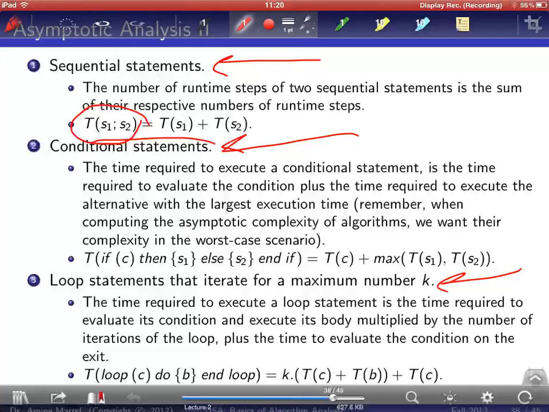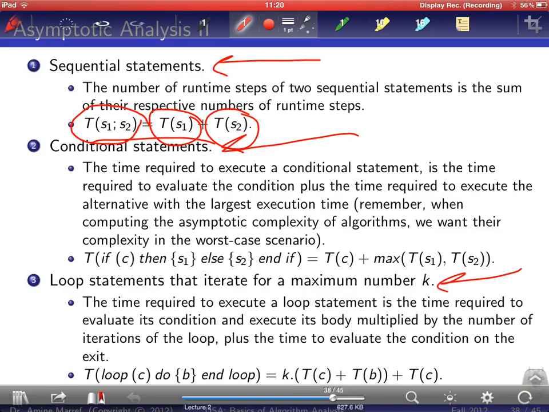Here's another program. It takes n as input. If some x is greater than 0, x y plus plus, else we have a for loop which depends on n, from 1 to n, z plus plus, and end. So in this case, this is one statement, this is called the if statement, okay?